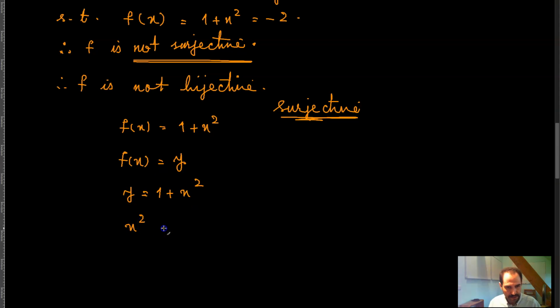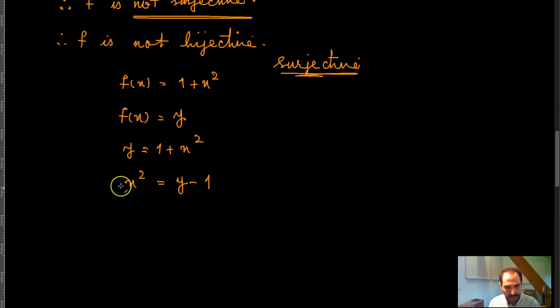I would get x squared equals y minus 1, and if I took the square root of both sides, the square root of x squared equals the square root of y minus 1. You know that your x could be a negative value or a positive value, and therefore the output could be plus or minus x.